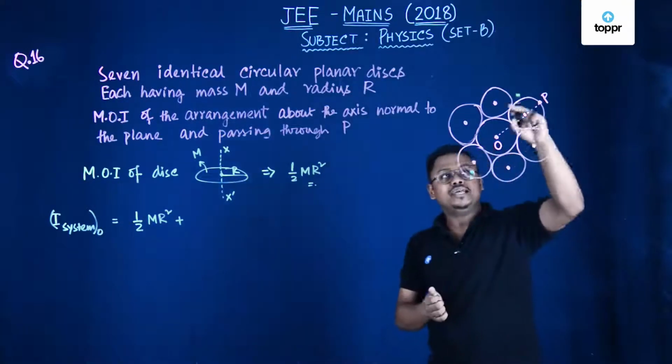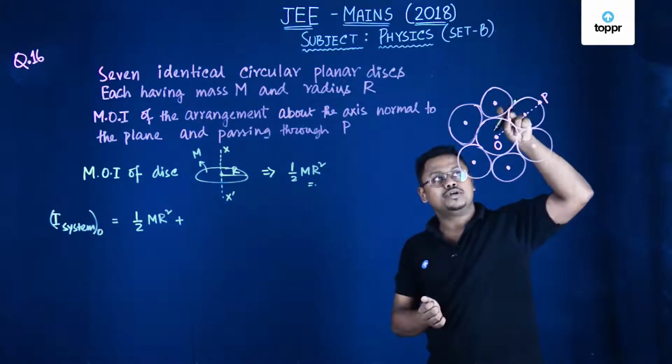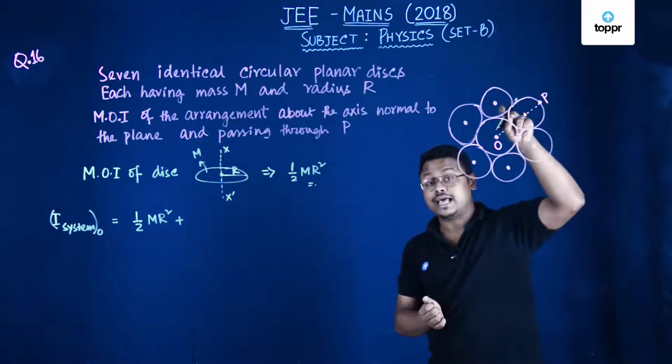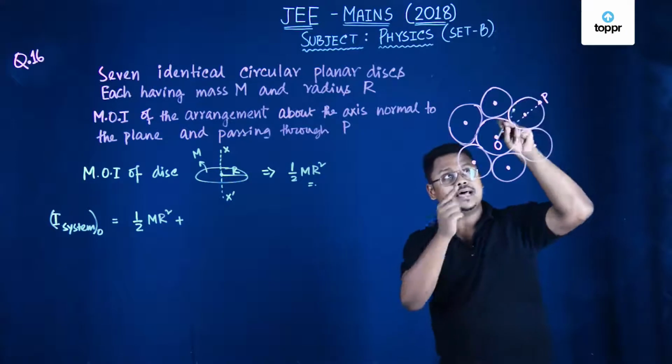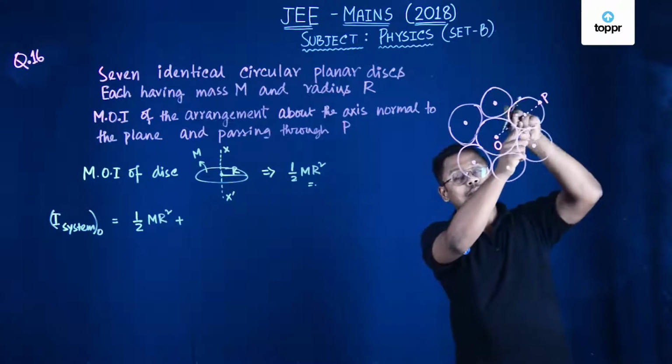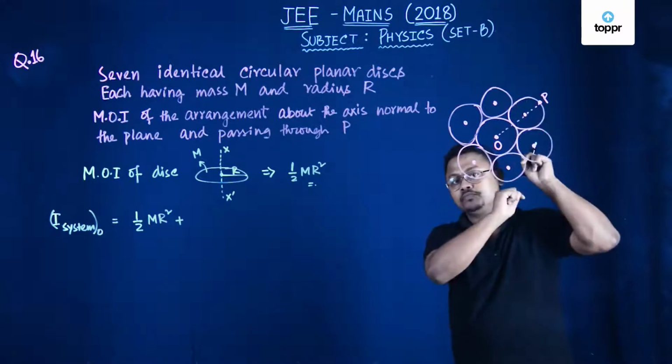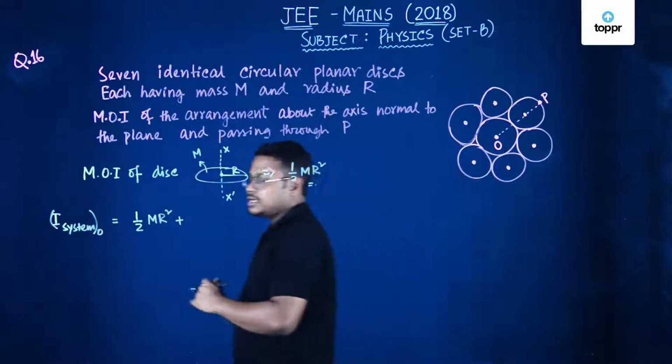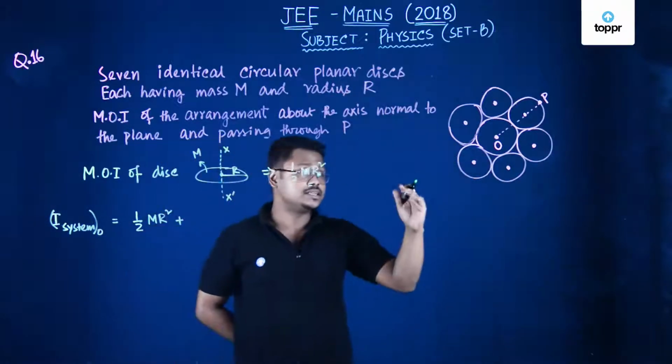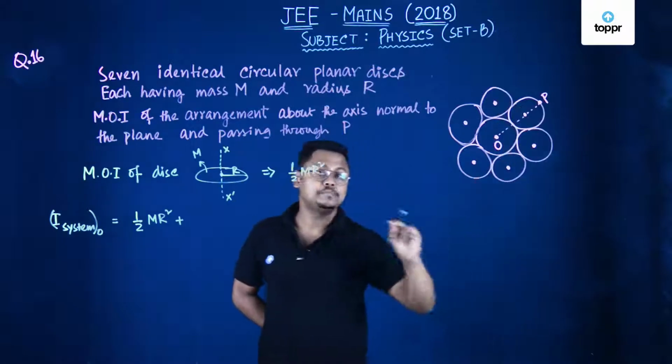So what we will do? We can write for each one of the disks the moment of inertia about an axis perpendicular through its own center, plus M times the square of the distance of that particular center point from O. That is by using the parallel axis theorem, right? And that same result we can obtain for the 6 different disks.